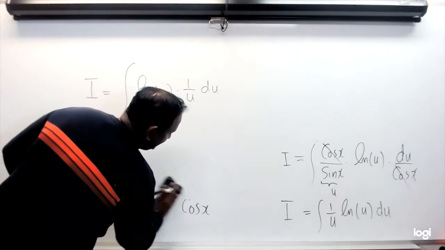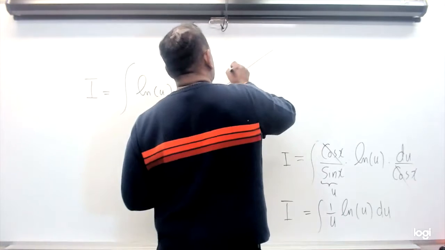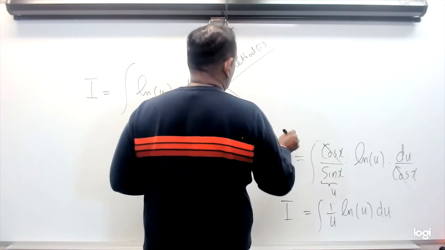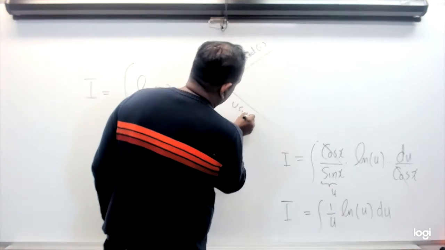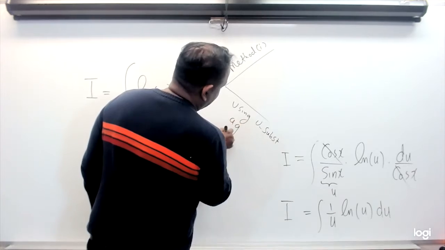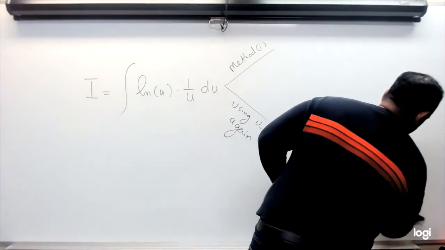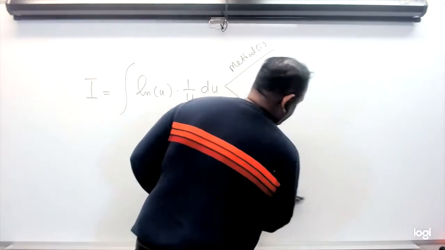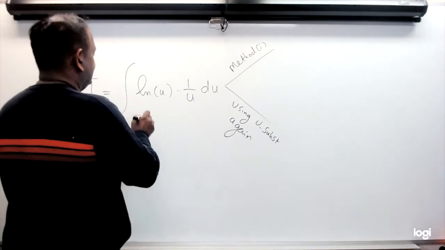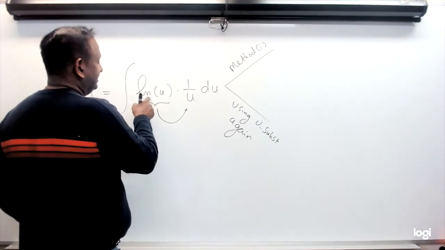From here again, if you want, you can go to method 1 and get this done, or using u substitution again. You can get this done in two ways. Can you remember in the first one, you check whether this whole thing's derivative is going to be here. What's the derivative of ln u?